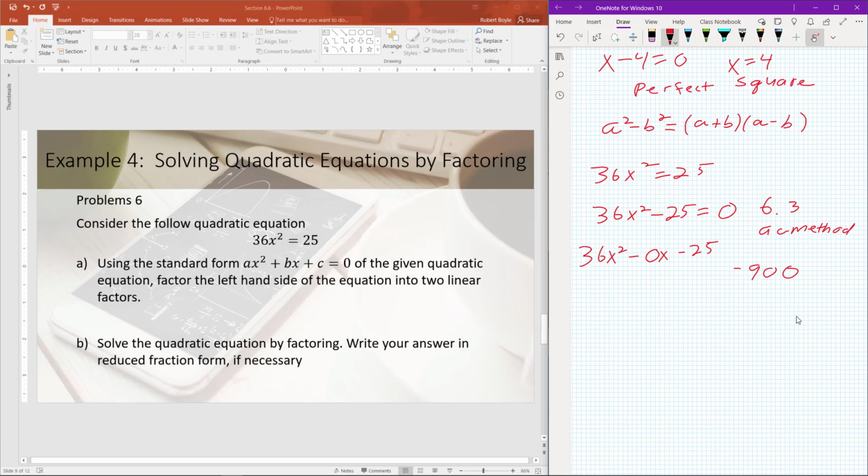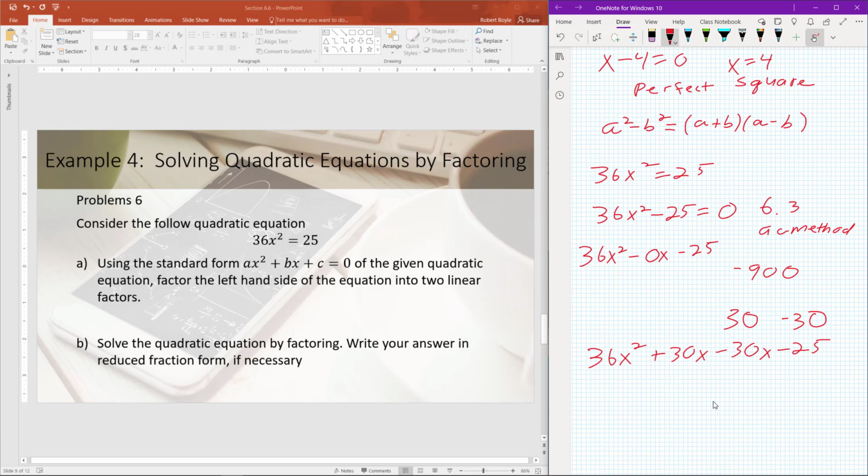If they have the same absolute value and multiply to 900, that means those two factors must be square roots of 900. And it turns out that the square root of 900 is 30. So if one factor is 30, the other factor has to be negative 30. And indeed, 30 times negative 30 is indeed negative 900. So now we can replace 0x with 30x minus 30x.